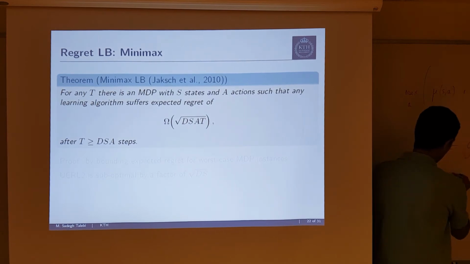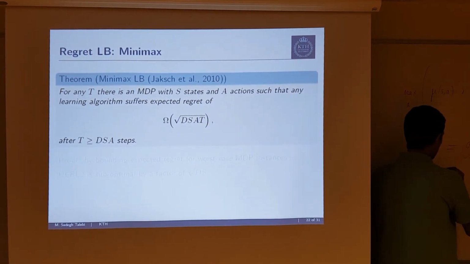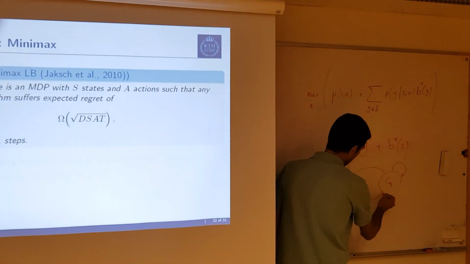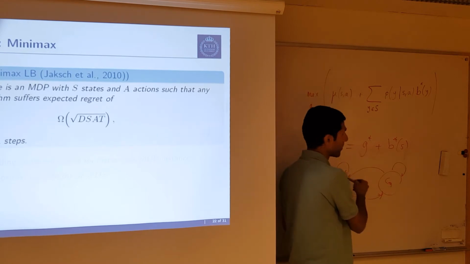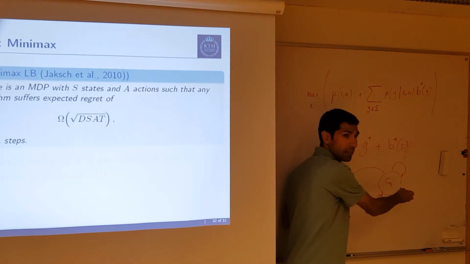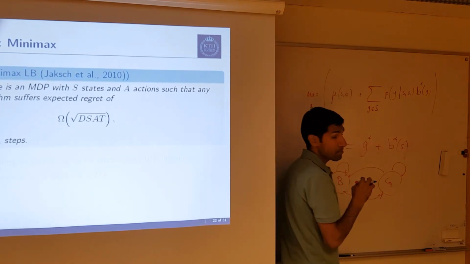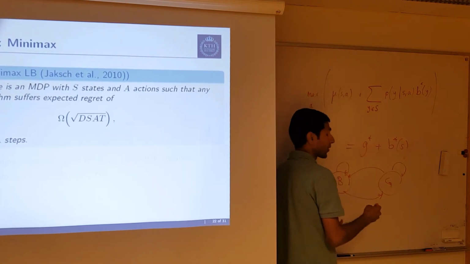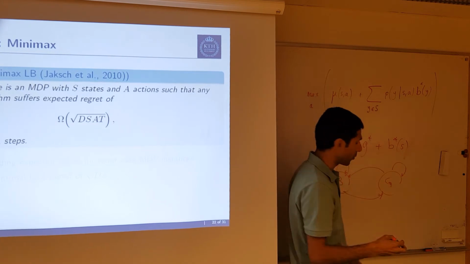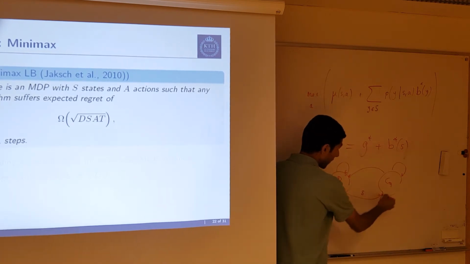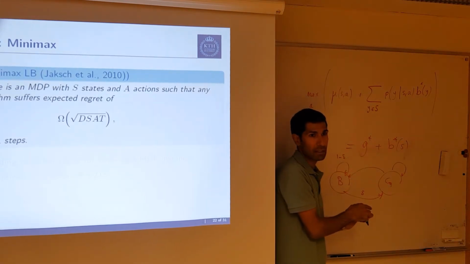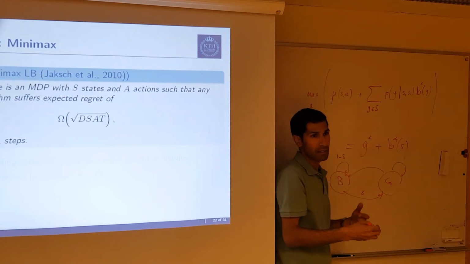So you have a bad action and a good action. As soon as you are in the bad state, you would like to go to the good state. Under a suboptimal action, you go with probability delta to the good state, and you stay with 1 minus delta in the bad state.